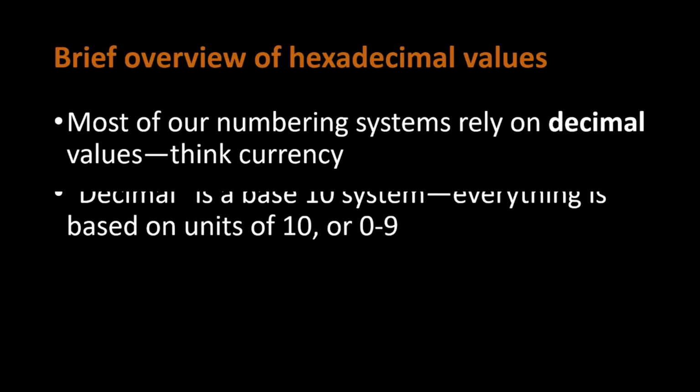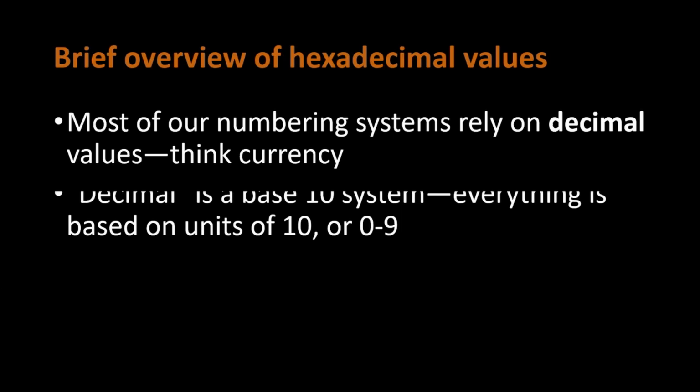But think about that. If we only need a limited set of symbols that we just reuse when we get to their maximum, that's really what a base is, right? It's the limited number of symbols. We really could have numbering systems that are based on anything: base 12, base 15, base whatever we want.